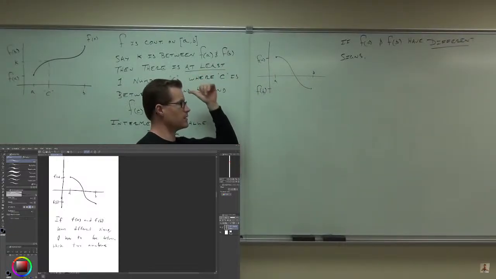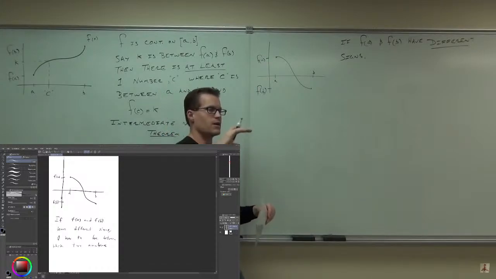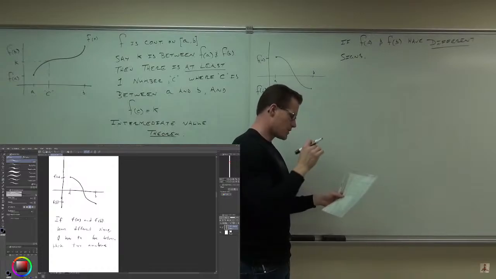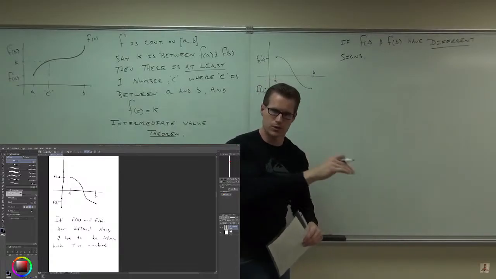That's the intermediate value theorem applied to this case. It says if the signs are different, there must be at least one root on that closed interval.